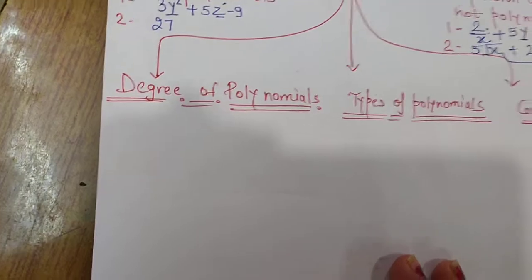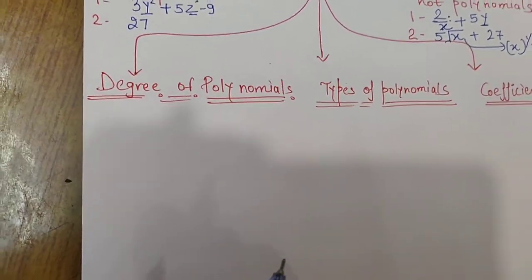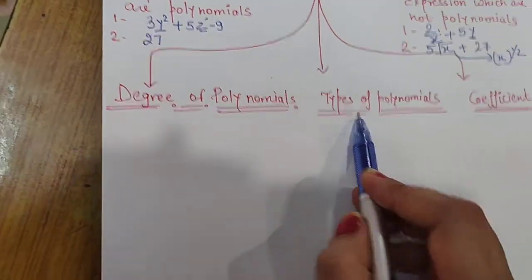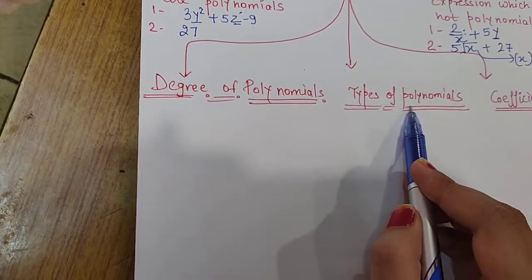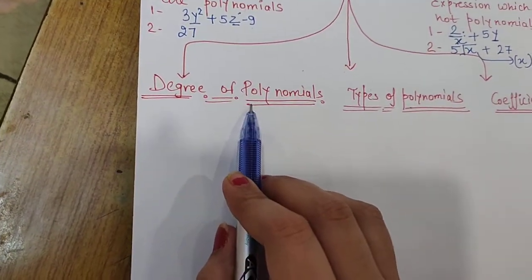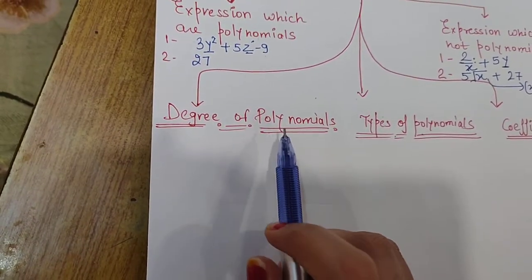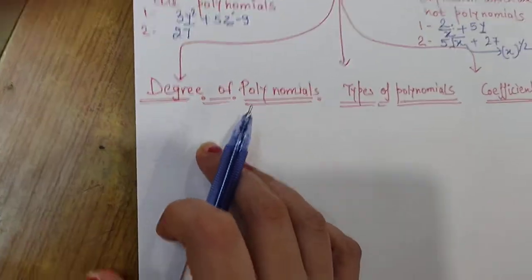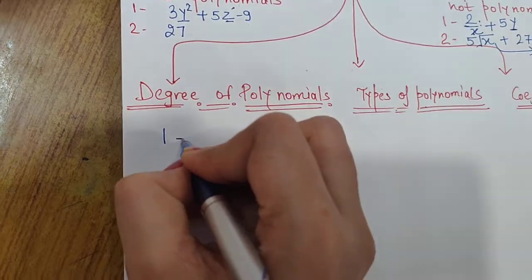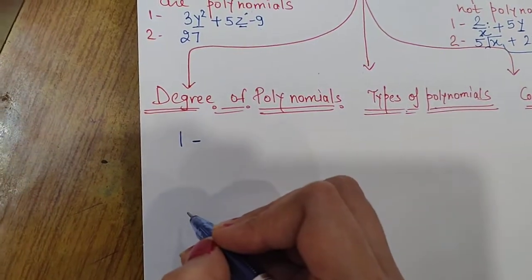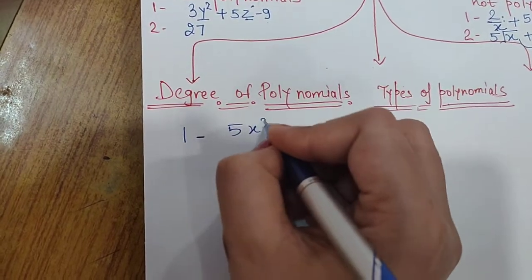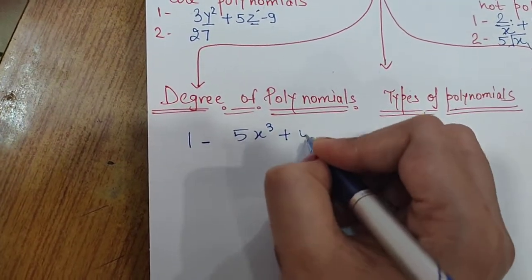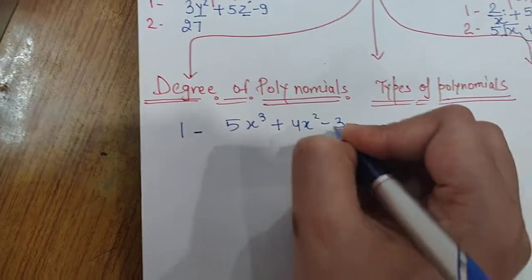Now you come to the next point, the degree of polynomials. Before types of polynomials, why are we doing degree of polynomials? Because types of polynomials are according to the degree of polynomials. Here also we will write an example: 5x cube plus 4x square minus 3.